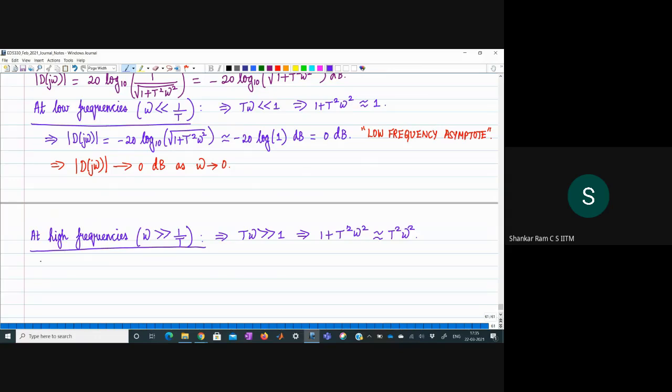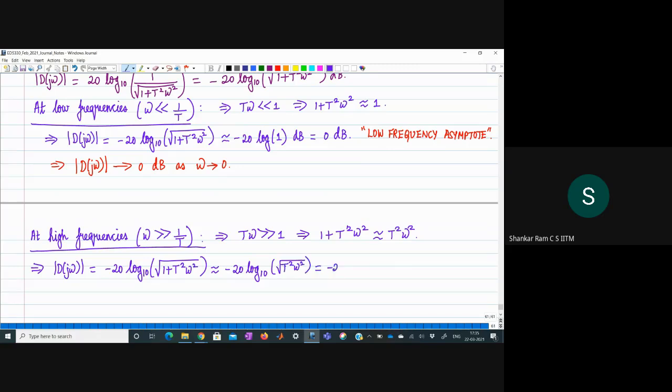So then the magnitude of this factor d of j omega will be minus 20 log to the base 10 square root of 1 plus t square omega square. This will approximately become minus 20 log to the base 10 square root of t square omega square.